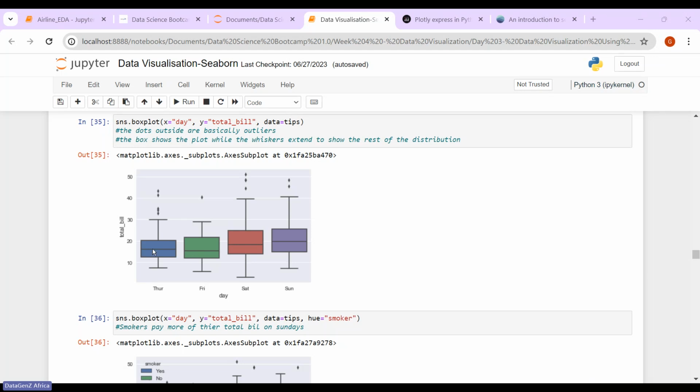You can see that most people ate on Saturday. If you look at which box looks bigger between Saturday and Sunday, I think they're almost the same. So with this box and whisker plot, you can tell that most people are eating on Saturday and Sunday.